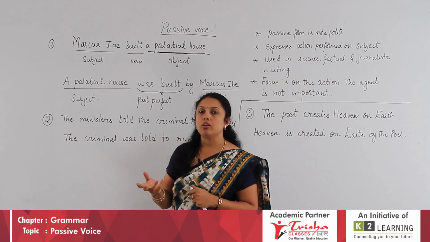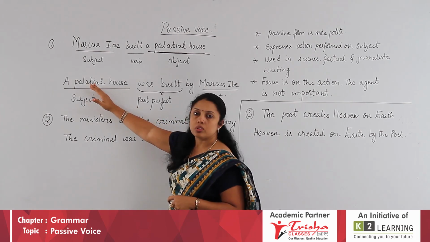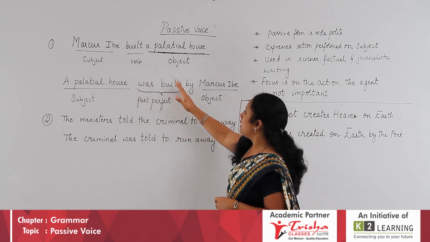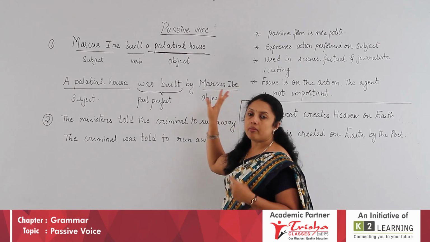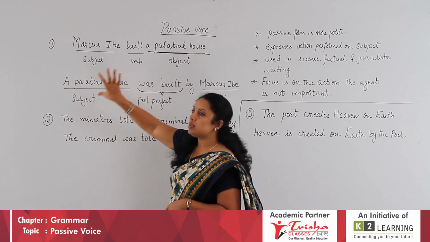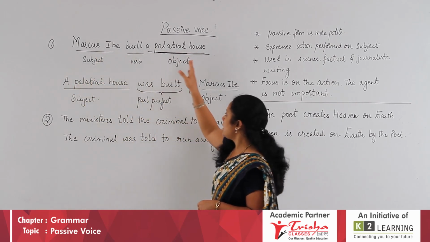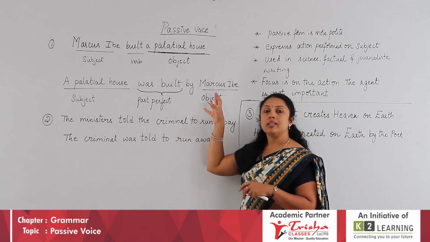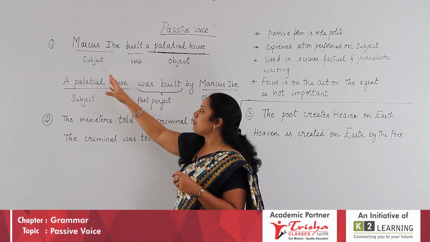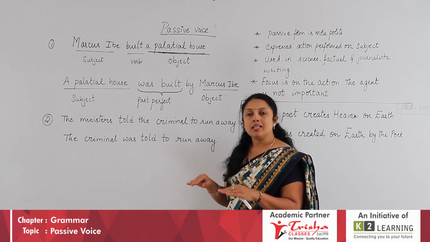what action is done on the subject is shown. A palatial house was built by Marcus Ebay. When I change it, the object becomes the subject and the subject takes the place of an object. That means the subject in the first sentence becomes very less important.